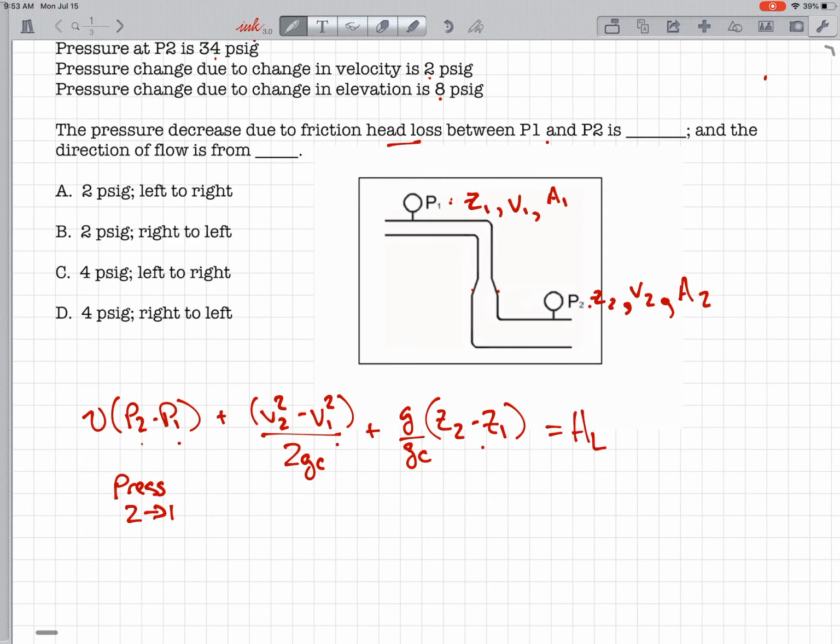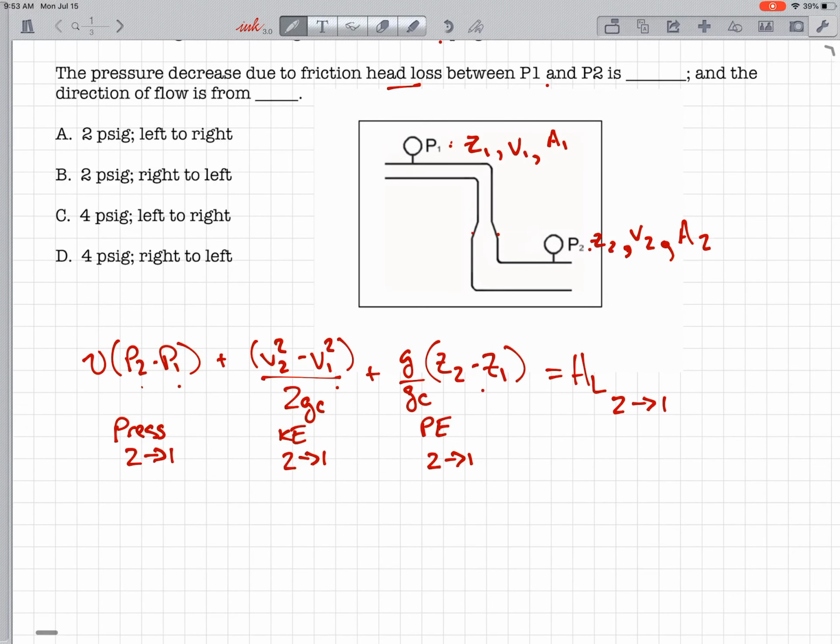This is going to be speed or kinetic energy from 2 to 1. And this is going to be potential energy from point 2 to point 1. And that, of course, is going to equal head loss from point 2 to point 1. Real pipe.